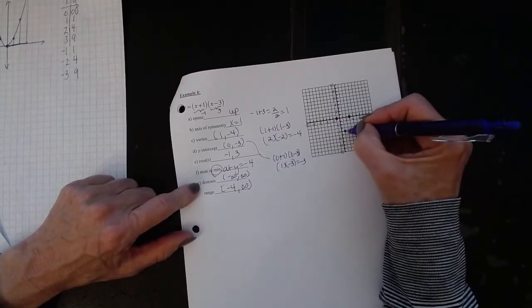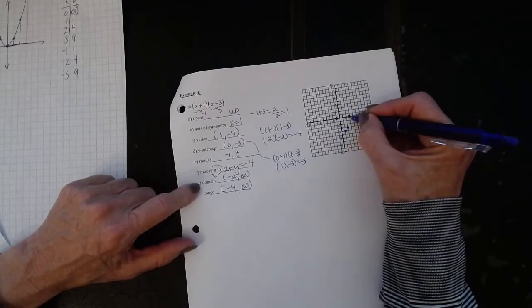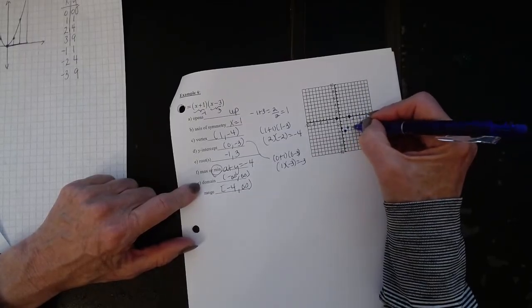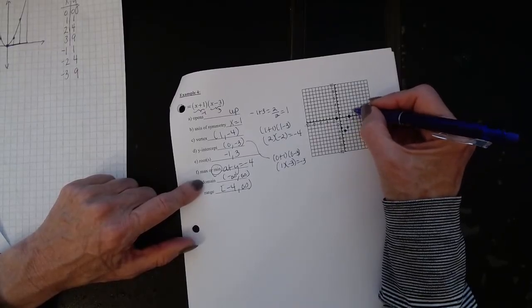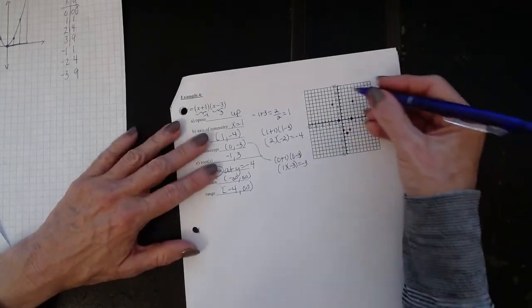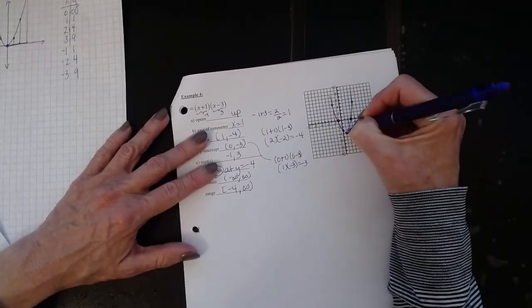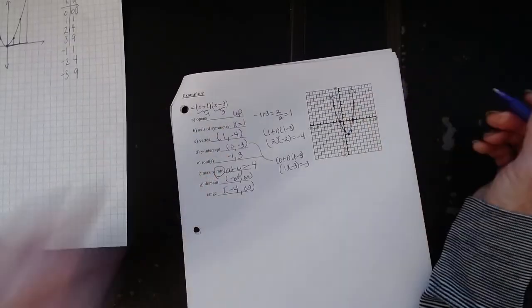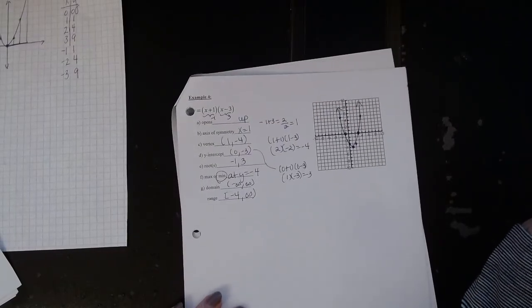No stretch or compression, over 1, up 1. Out 2, up 4, so there I am on my intercepts. 1, 2, 3, 4. Out 3, up 9, 5, 6, 7, 8, 9. And that's all I'm going to get on this graph. You fill your graph with points. Okay. And that's intercept form.